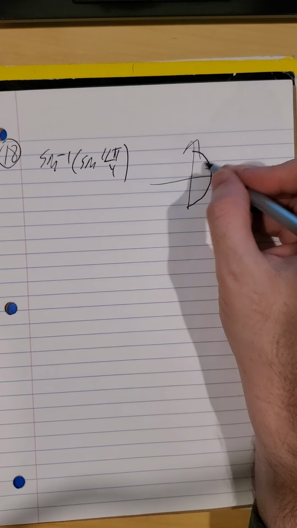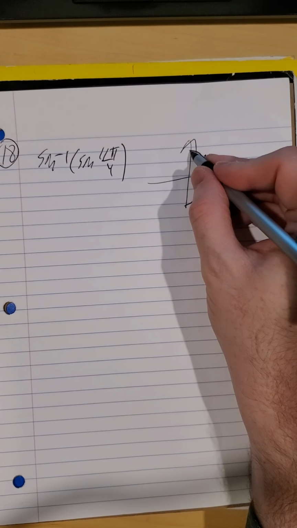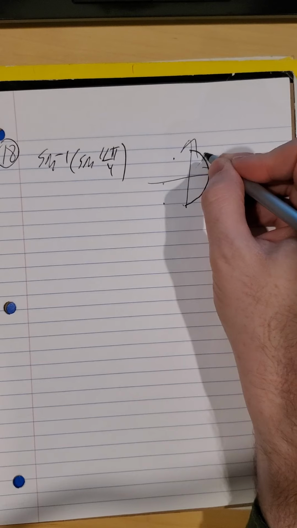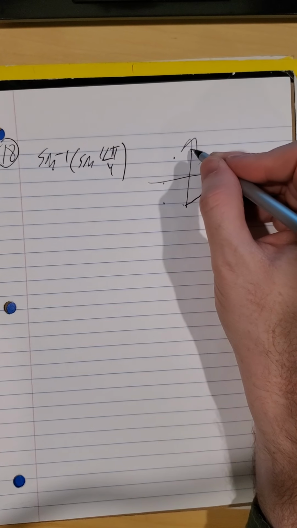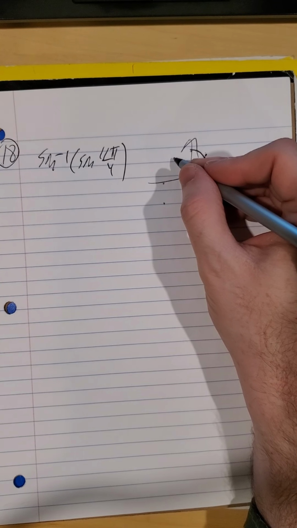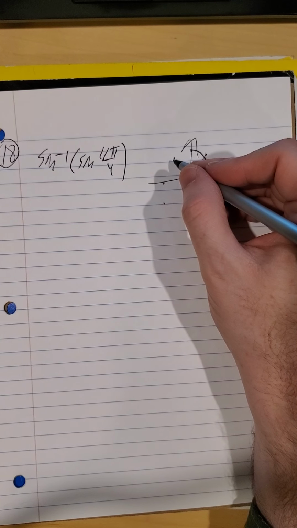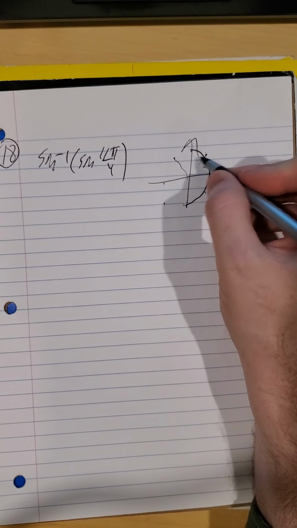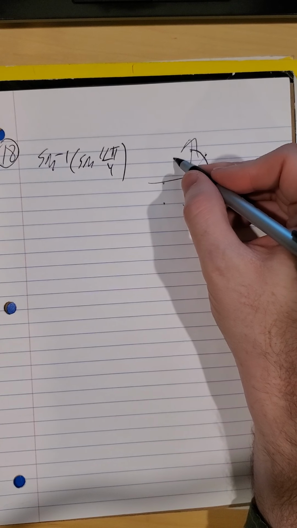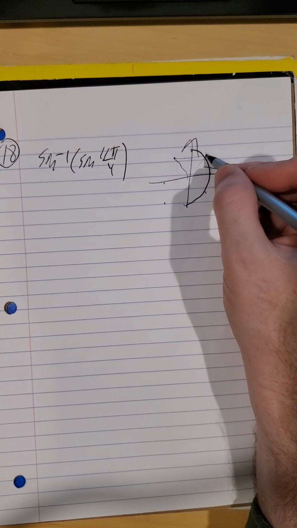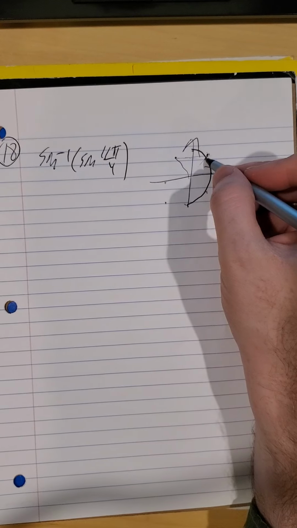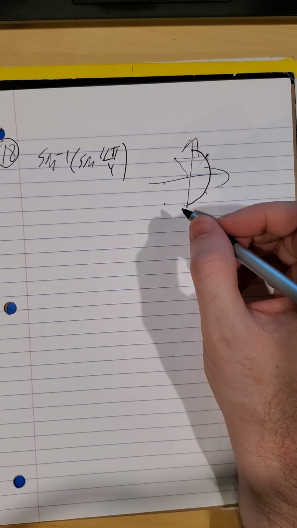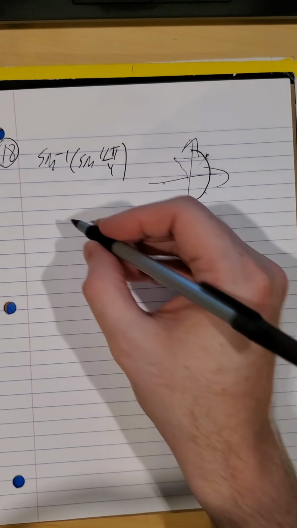So 11 pi over 4, so here's 1, 2, 3, 4, 5, 6, 7, 8, 9, 10, and 11. So here is 11 pi over 4. That is outside of where we want the sine to be, but its equivalent would be here in Q1. So this is the equivalent of saying we have an angle of pi over 4.